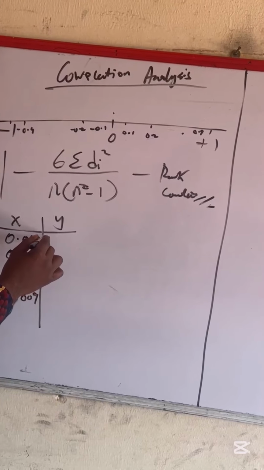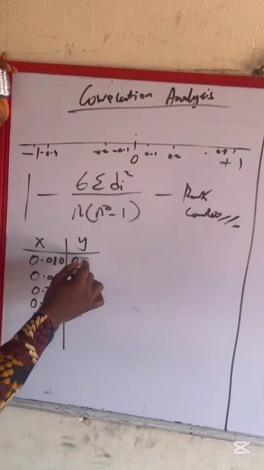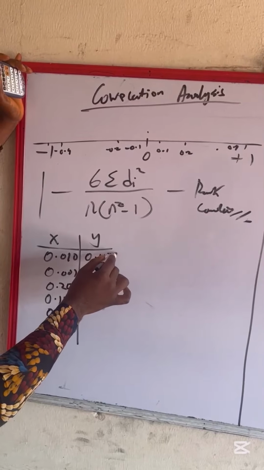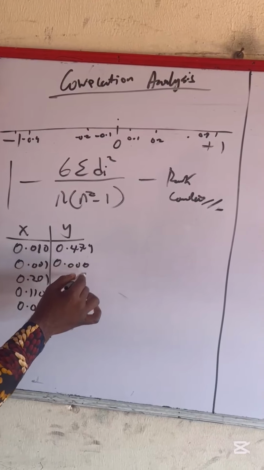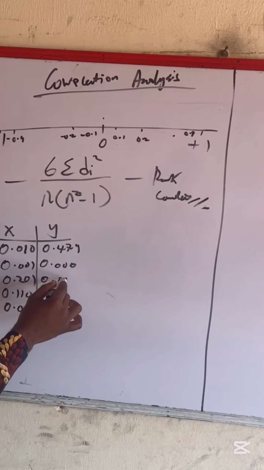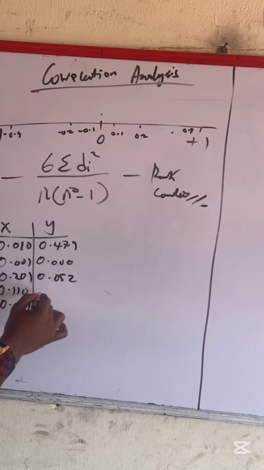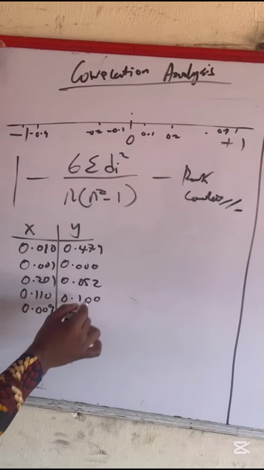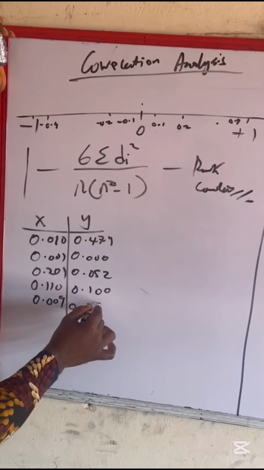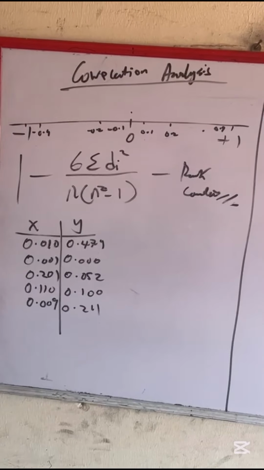Now y, we have 0.479, 0.000, 0.052, 0.1, 0.100, 0.211.